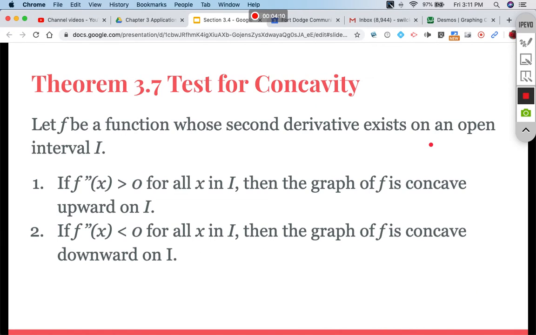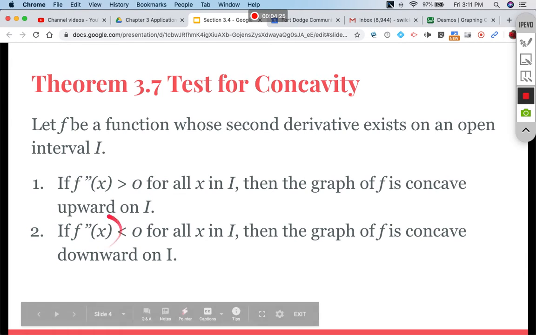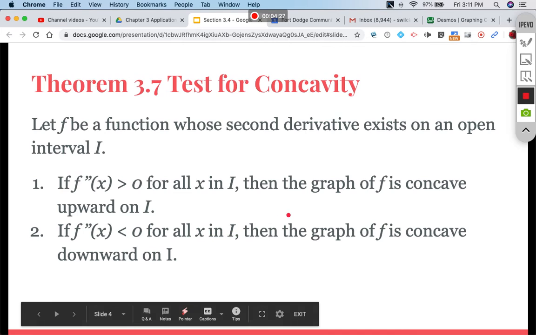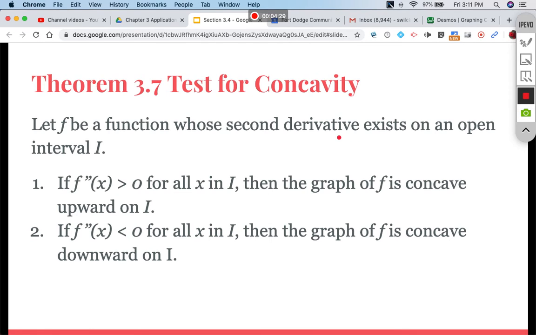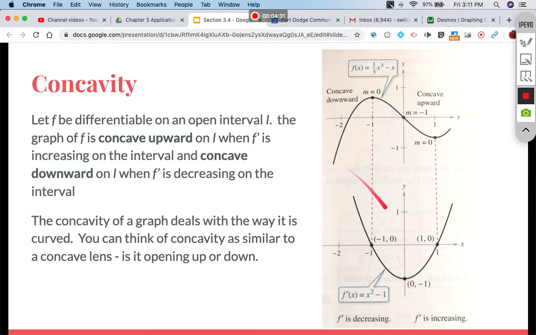So for our test for concavity, we're going to say f is a function whose second derivative exists. The second derivative is positive for concave upward, and the second derivative is negative for concave downward. Let's go back to this one.